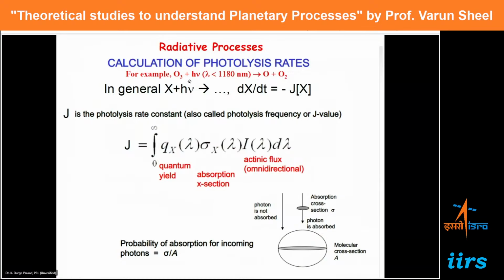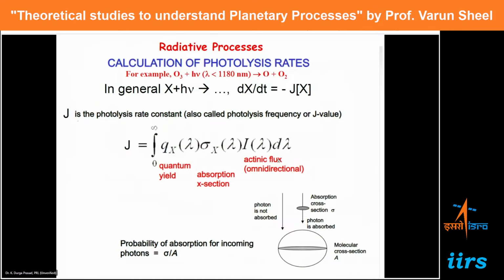In general, if you are not considering O3 as a species, you can consider any species X, where the loss is minus Jx. This Jx is the photolysis rate constant, and it can be yielded by this. So this is basically a parameter which describes this particular thing. Like if you put ozone, it is for ozone.